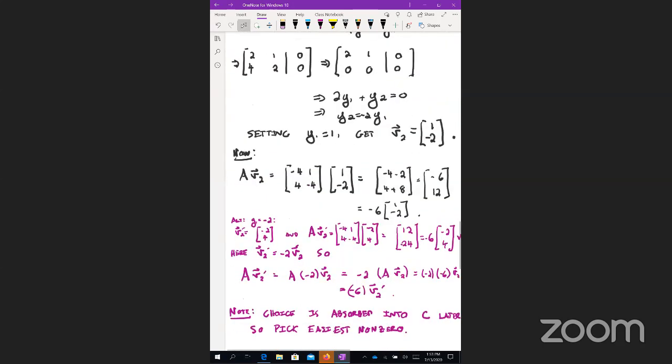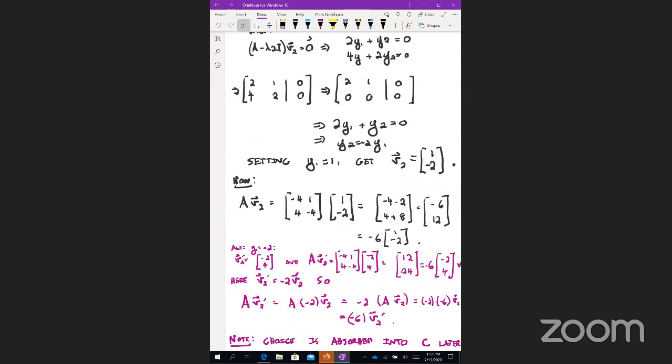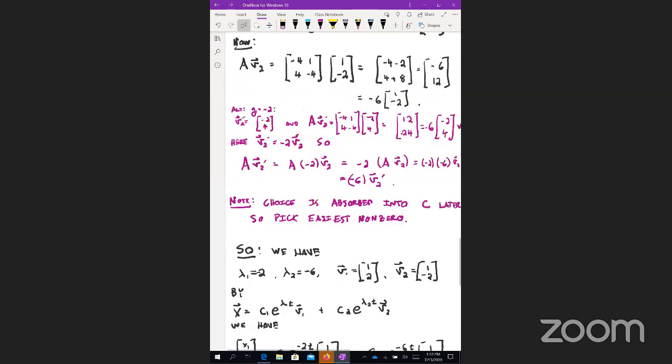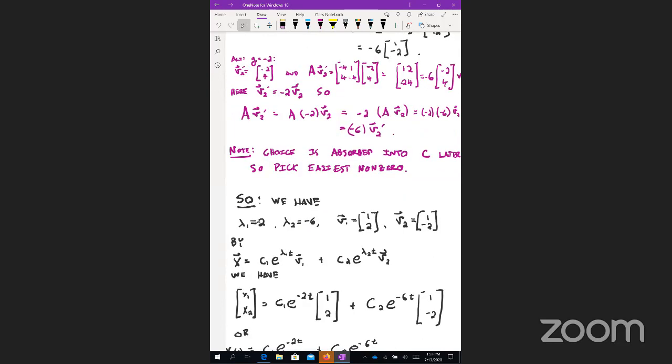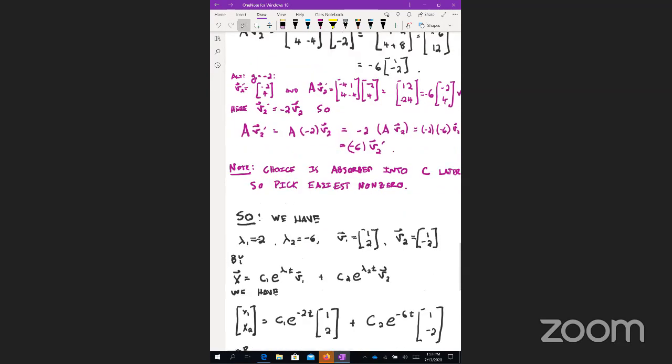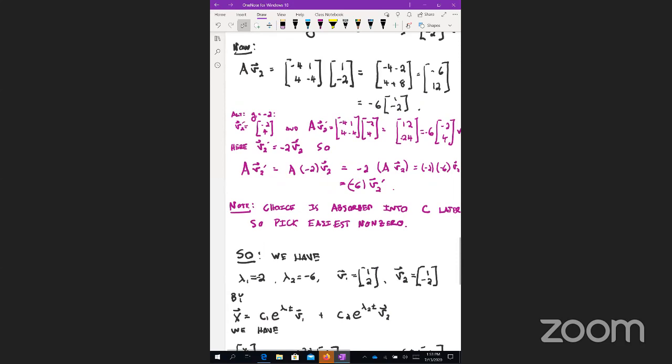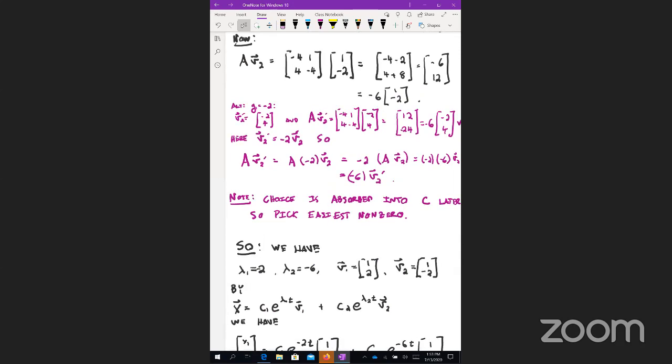Let's see that. No, if our check above, I mean, did I do something terribly wrong? Because if our check above works, then it should definitely be 1, 2, or sorry, 1, minus 2 or minus 1, 2.